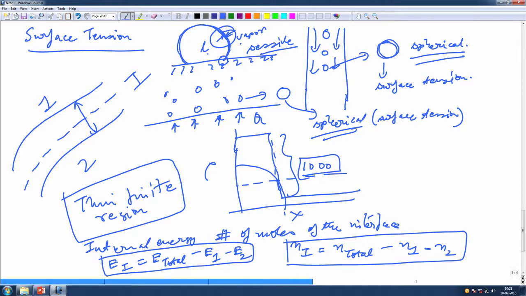So, this should be quite apparent, we just did this a few moments ago. So, the interfacial energy and the number of moles that are present at the interface is readily visible.